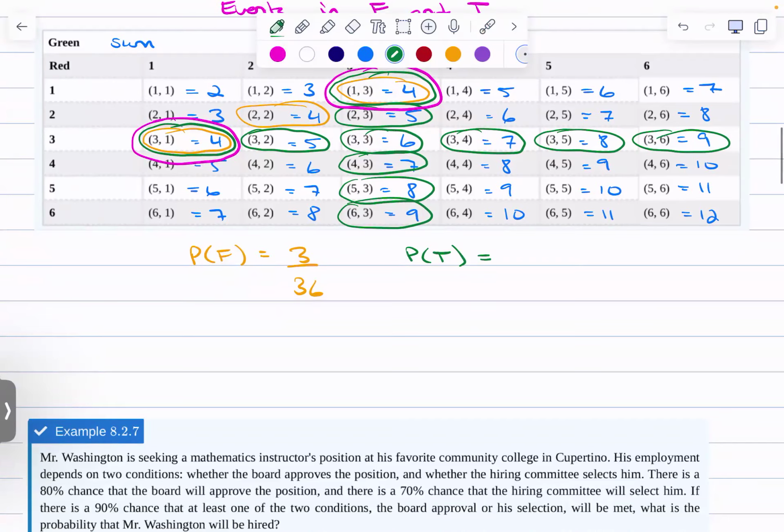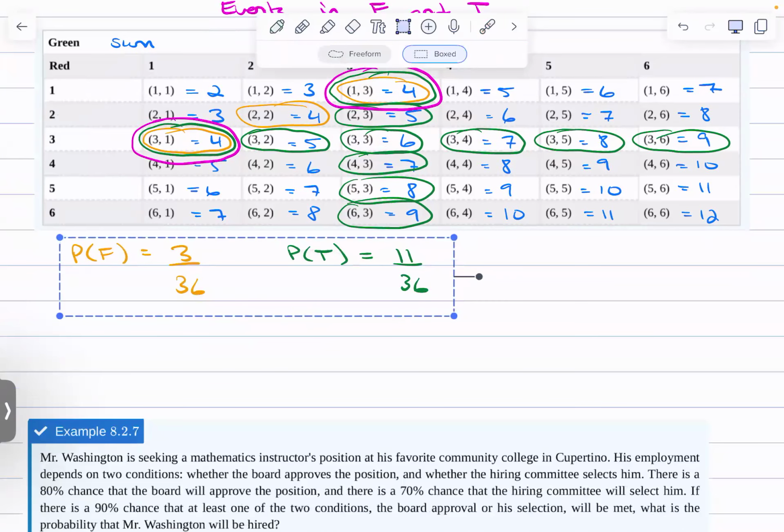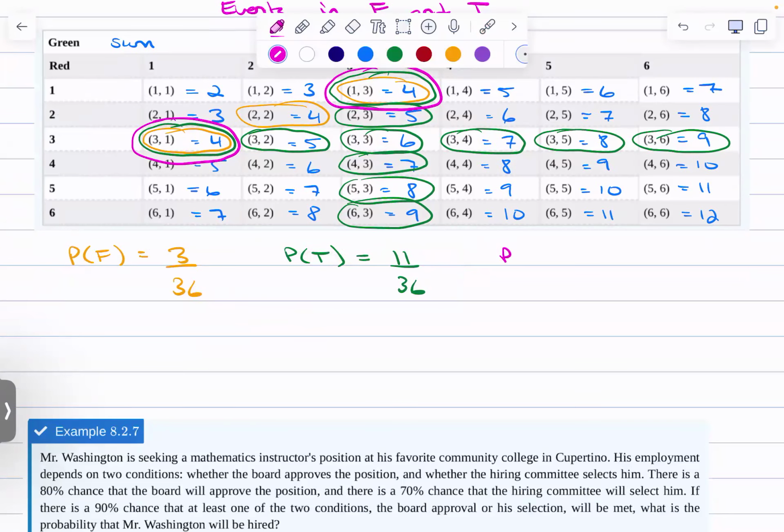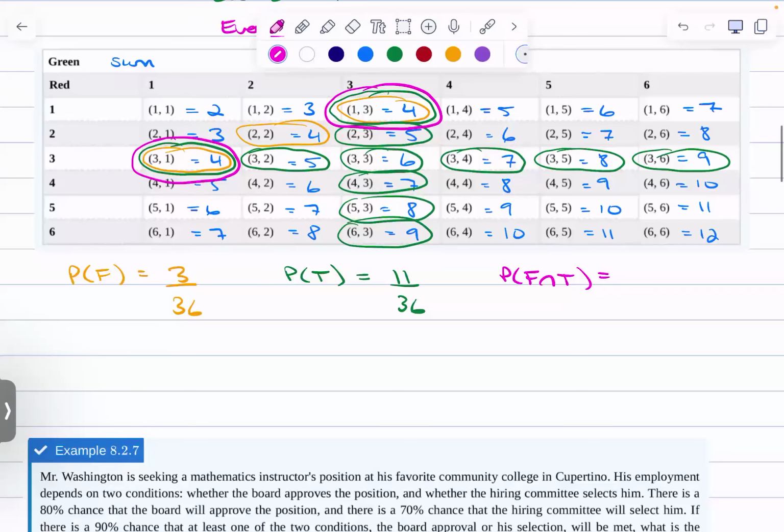So 11, right? 12 minus 1. And then finally, the probability of F and T, I have 2 that are overlapping, 2 out of the 36 outcomes.